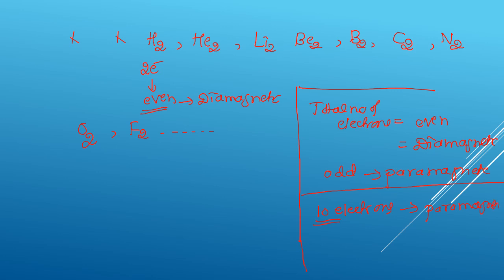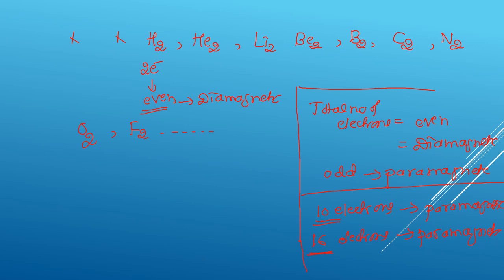And one more case: if you get the total number of electrons as 16, then such a molecule, although it is an even number, we expect to be diamagnetic, but this is not the case. Even though it is an even number, the molecule is paramagnetic. This is the exception in case of 10 electrons and 16 electrons.